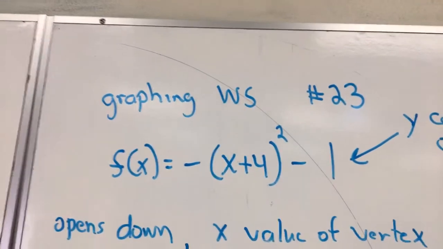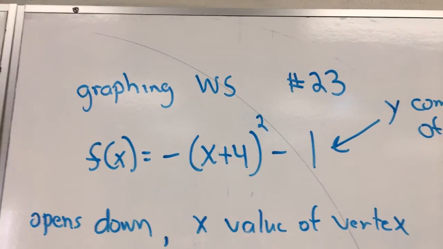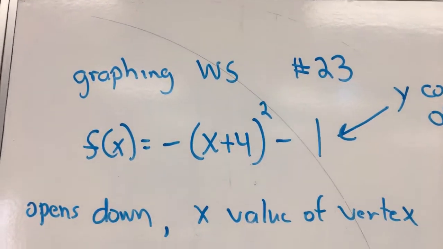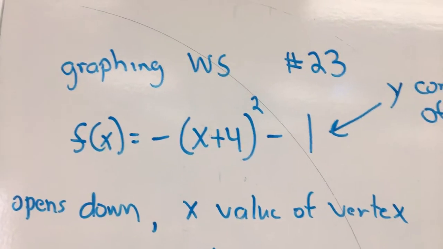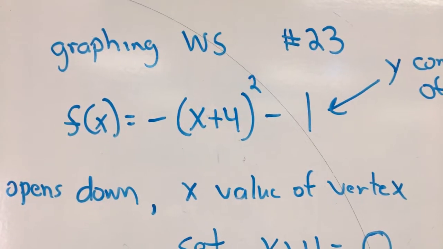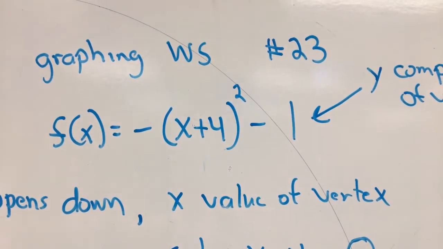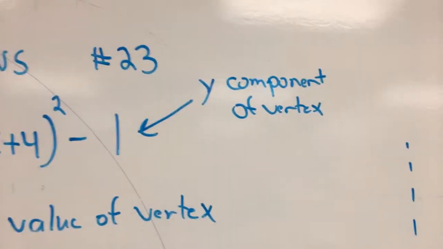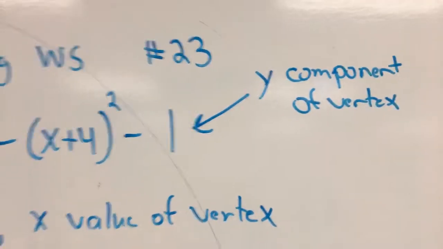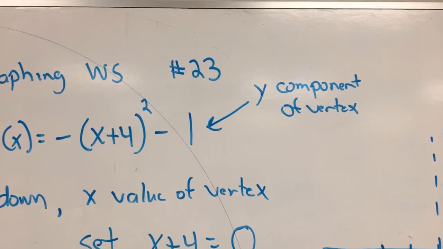Okay, so here's number 23. f of x is equal to negative quantity x plus 4 squared minus 1. Now this is called vertex form, and it's called vertex form because from this form, and that can be y is equal to or f of x is equal to, you can identify the vertex very easily. In fact, the y component of the vertex is right there. It's the number on the end. It's negative 1 in this case.